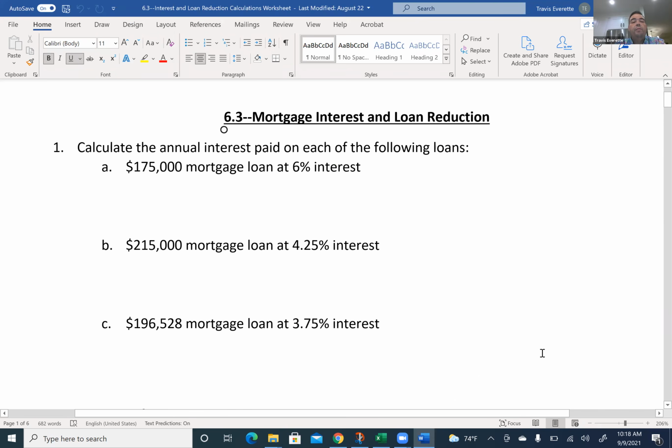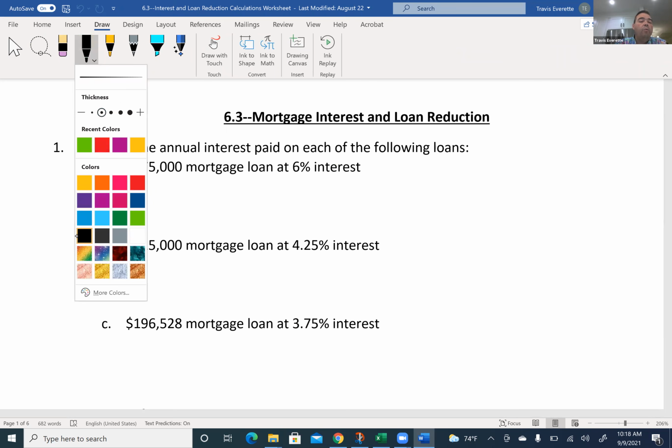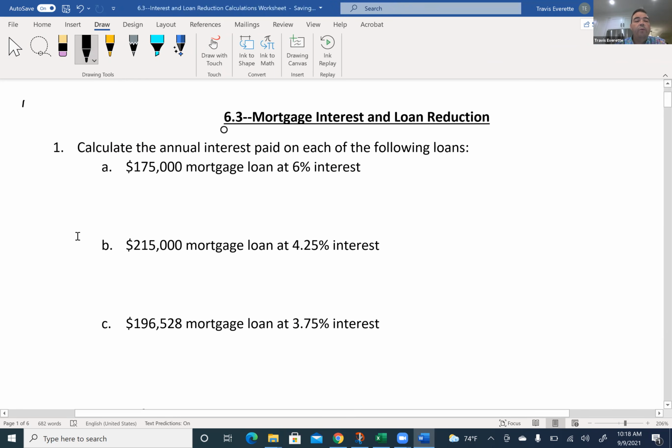So I'm going to go ahead and share the screen again here, and we're going to take a look at that worksheet and talk about these questions. Now, when we look at these questions, we always start with our T-bar whenever we can. This is calculate the annual interest paid on each of the following loans.